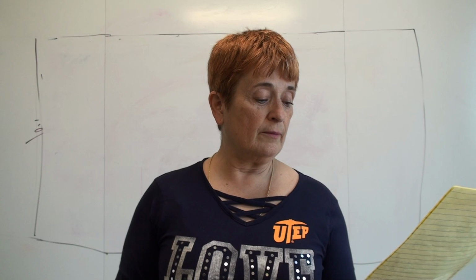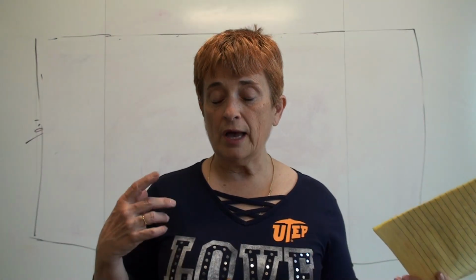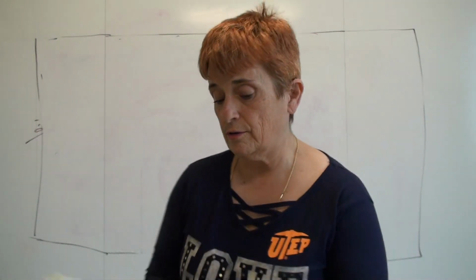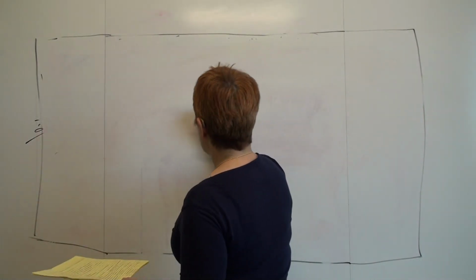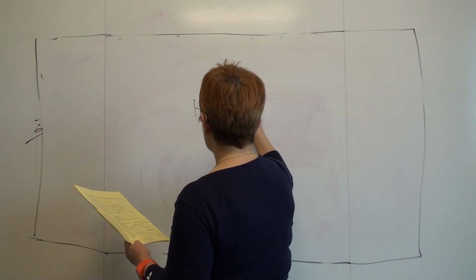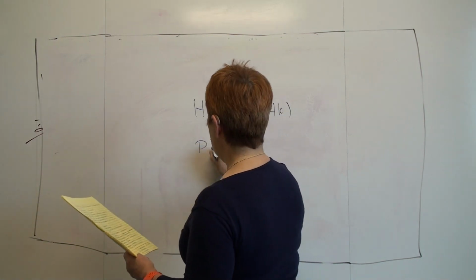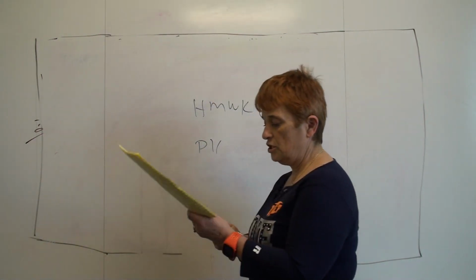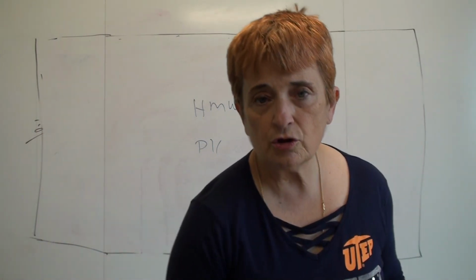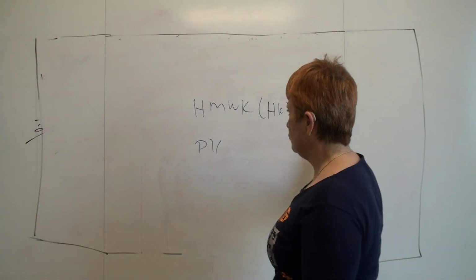There are also some other factors: HMWK, sometimes just called WK, and PK, high molecular weight kininogen and prekallikrein. Those are other factors that you're going to have to remember.